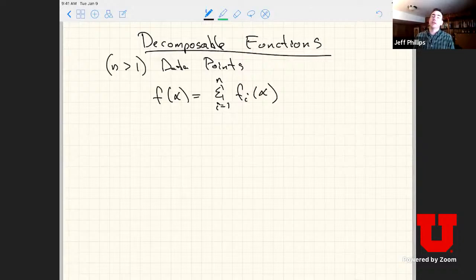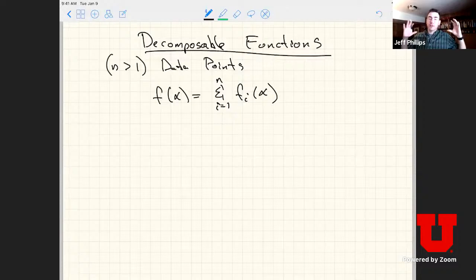But it's not the only thing to use. Sometimes they use the sum of the residuals or the absolute values, or they'll add regularization terms, or look at some other variant.